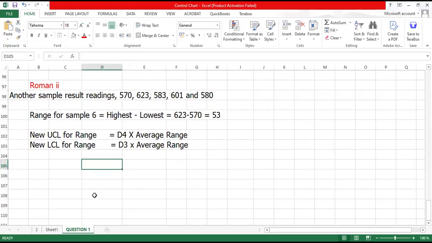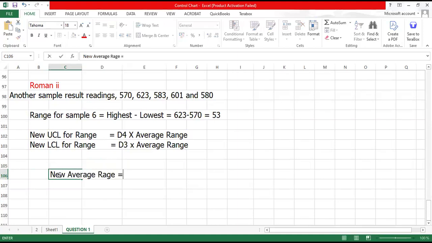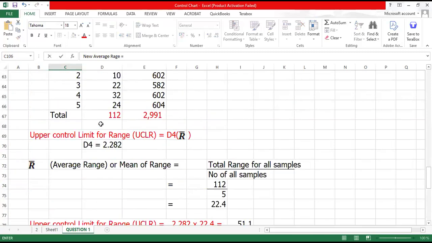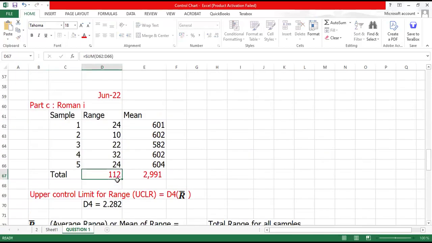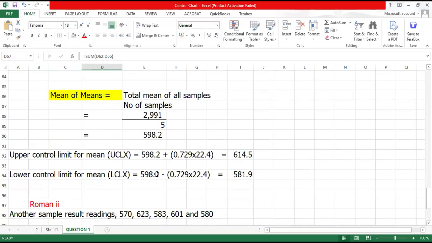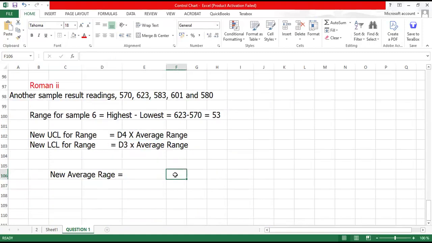So how do you get the new average range? The new average range, R bar, is equal to: already you have the total for 5 samples, 112, plus the 53, the new one, and now you divide by 6.